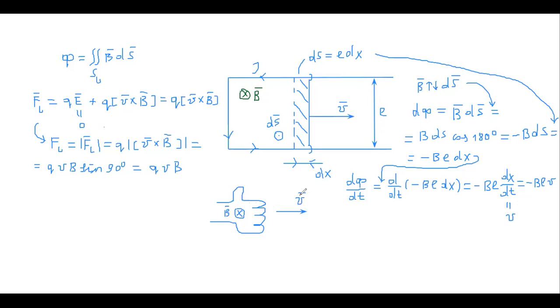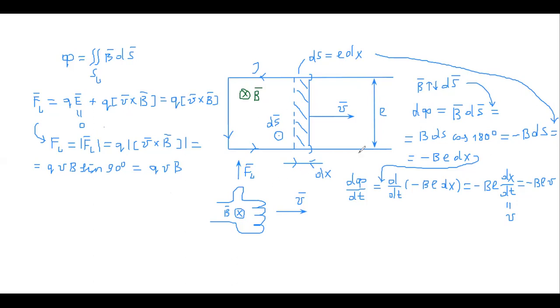In this case the thumb will show the direction of the Lorentz force, F_L.